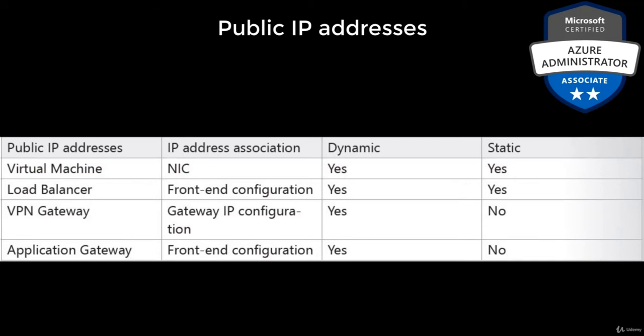The type of resource affects the assignment. So depending on whether it's a virtual machine, load balancer, VPN gateway, or an application gateway, your options to select dynamic or static will be limited. In case of each of these options, you have the dynamic assignment option. But if you have a VPN gateway or an application gateway, you cannot set a static IP address to these two resources.